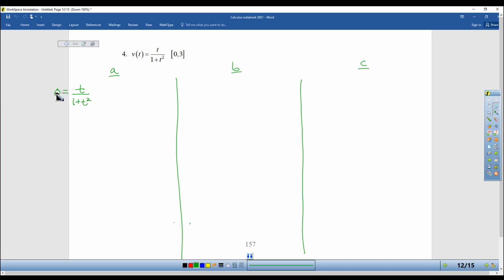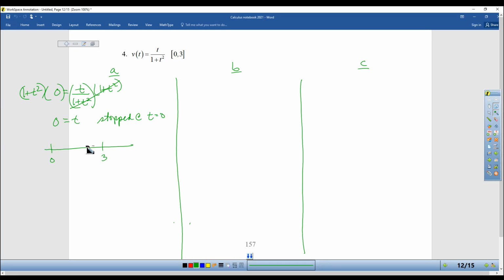But when I clear the fractions, 1 plus t squared, 1 plus t squared, I literally just get 0 is equal to t. So that's when it stopped. It stopped at t is equal to 0. Since it doesn't stop again, that means that this will be the same value through this whole entire interval.